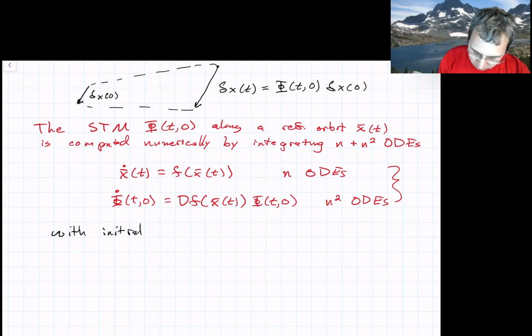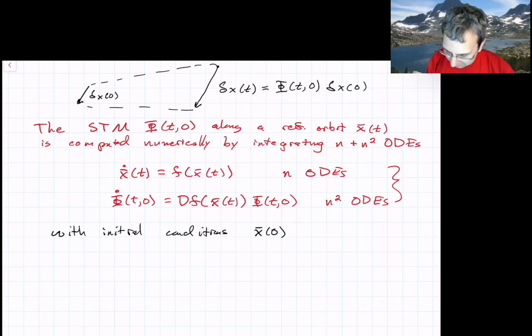With initial conditions that x bar at time 0 is some initial condition, I'll call it x bar naught, and the initial phi, so capital phi of 0, 0, is the identity matrix, the n by n identity matrix.